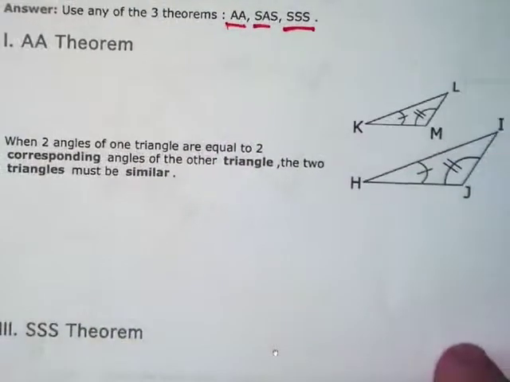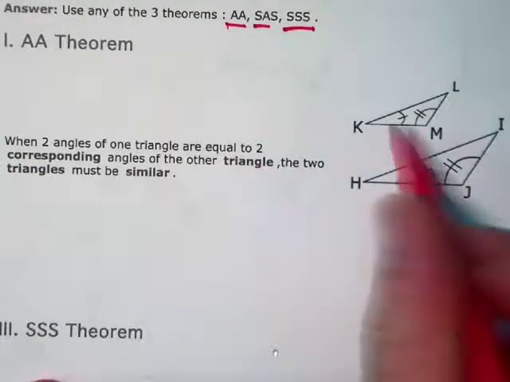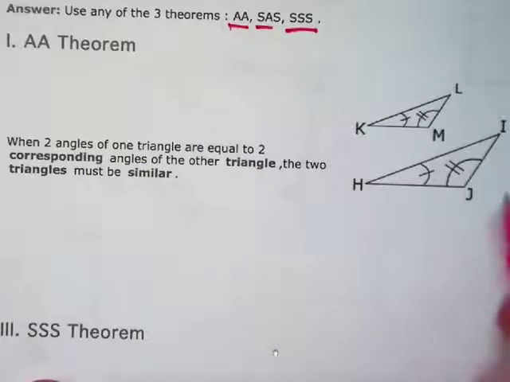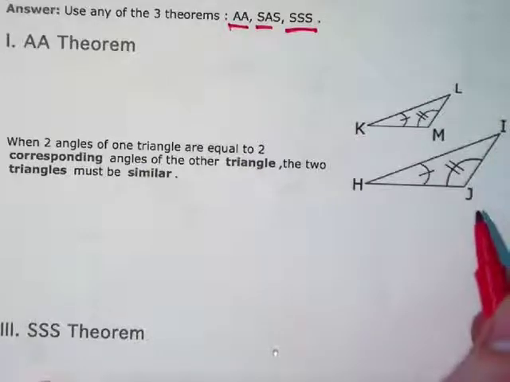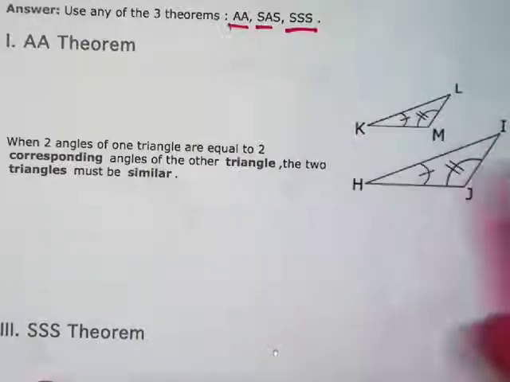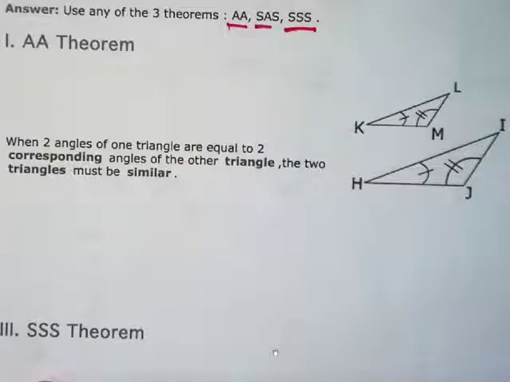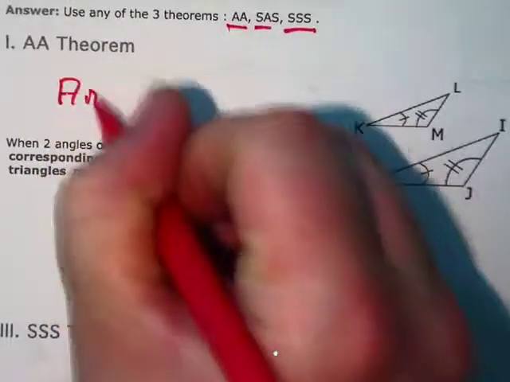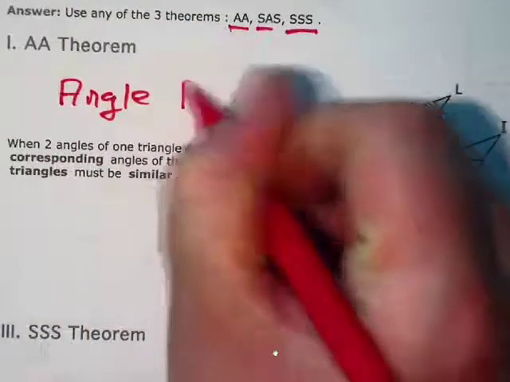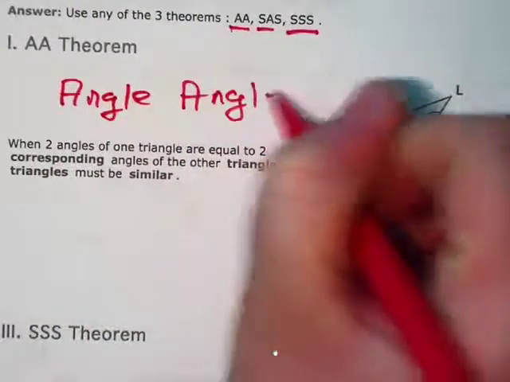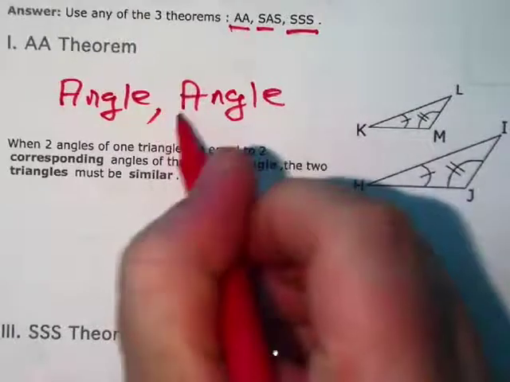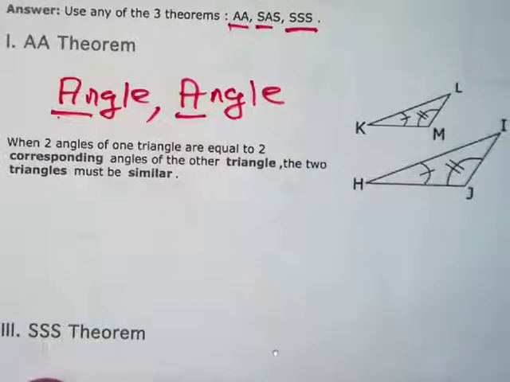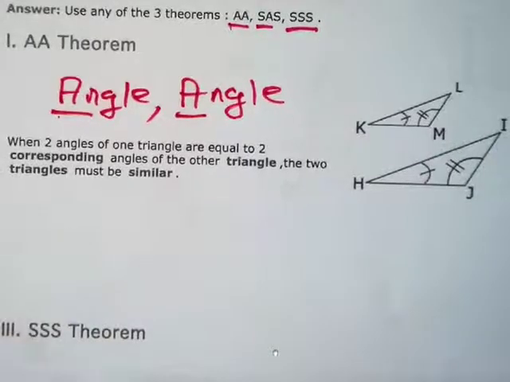The AA theorem states that if you have 2 angles that are the same, then the 2 triangles are similar. You don't need the 3rd angle, just the 2 works just fine. So that's the angle-angle theorem, or AA. That's one way to prove that 2 triangles are similar.